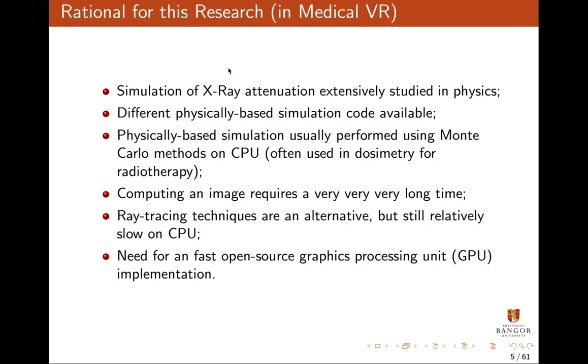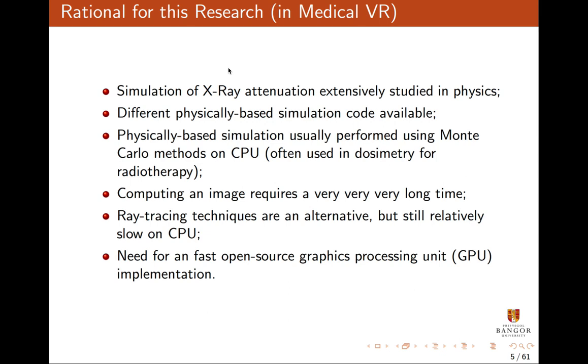This provides very accurate results, but it takes a very long time, even on today's computers. There are some alternatives, such as ray tracing, but it's still relatively slow on CPU. So we came to the conclusion that a fast open source library on the GPU was needed.